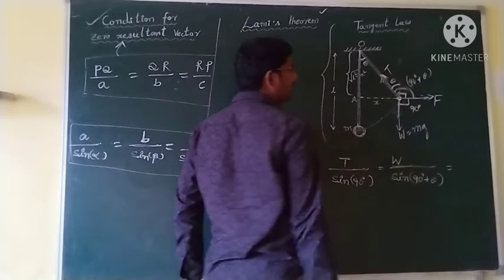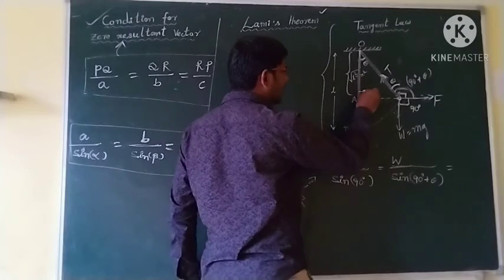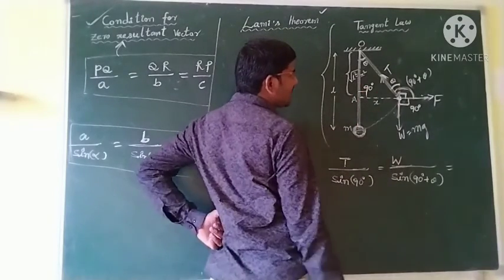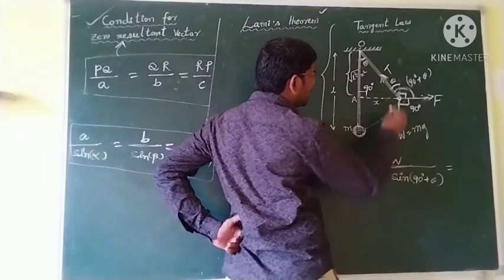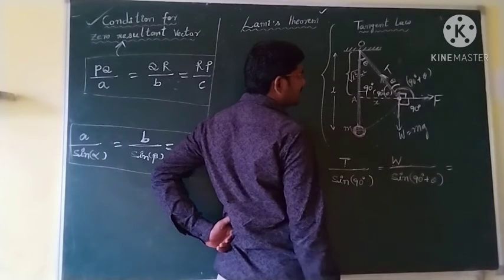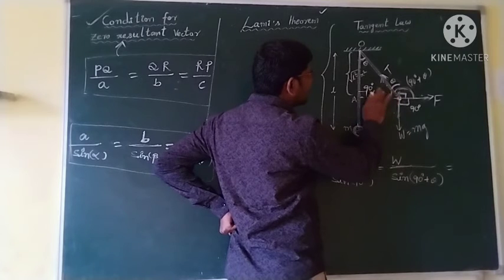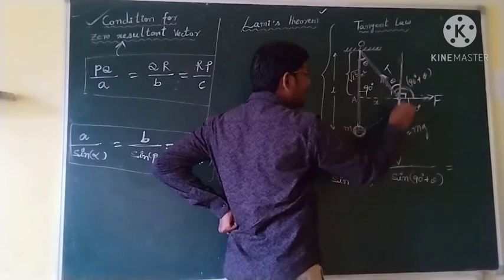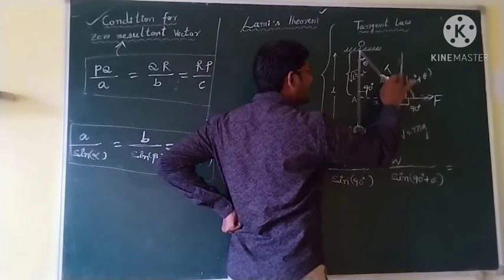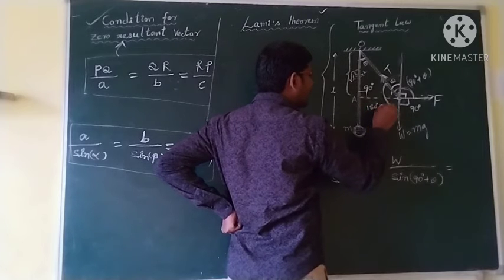So force by, okay students, this is theta, and this is again 90 degrees. So then this will be 90 degrees minus theta. Simply I can write like this: this is a straight line, this complete angle is 180 degrees, this angle is theta, then this angle will be 180 minus theta.